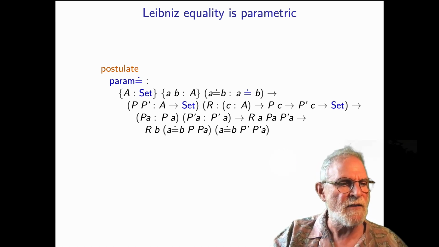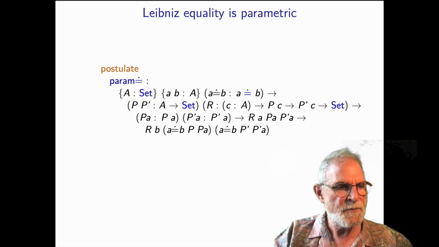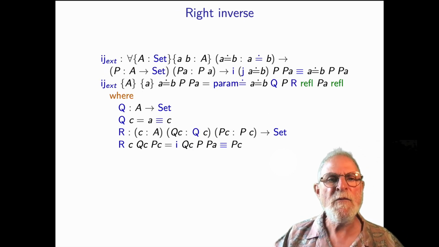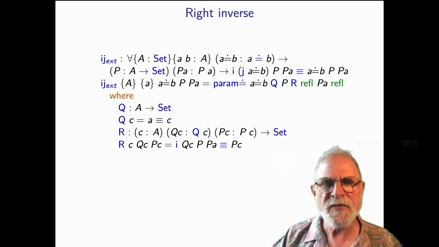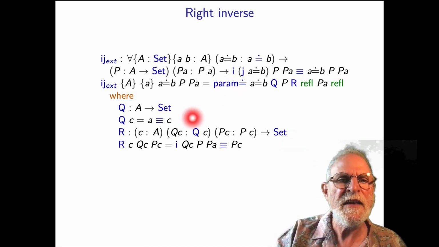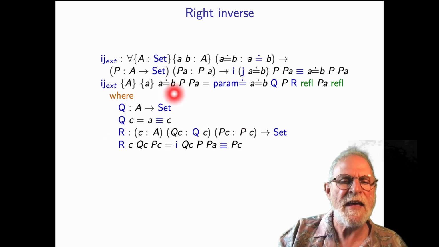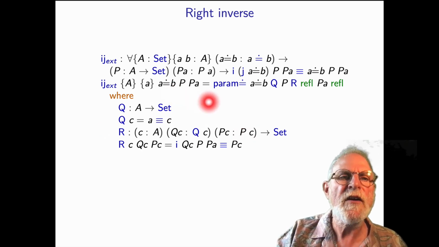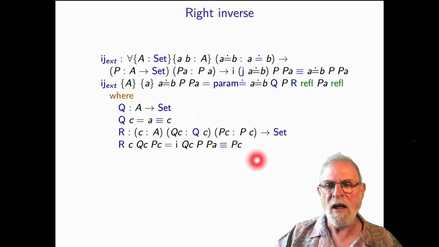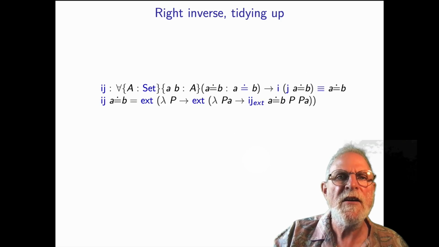You can find the technical details in the paper. And then finally we get the proof of right inverse. Again, I'm not going to go through that in detail, but it uses parametricity. It uses exactly the same Q of C that we used to show that J exists, and a suitably defined relation. I'll leave the details of that for later.